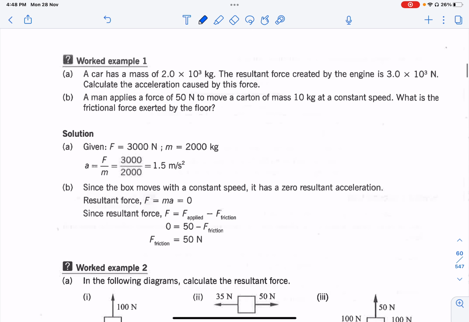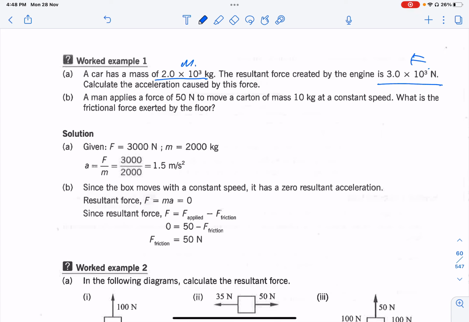Okay. So let's look at this question. How is it done then? First of all, you'll see that a car of mass 2 times 10 to the power of 3 kg, which is about 2000 kg, and the resultant force created by the engine is 3000 Newton. So you have two indicators here already: one which is the M, and the other is the F. Calculate the acceleration caused by this.